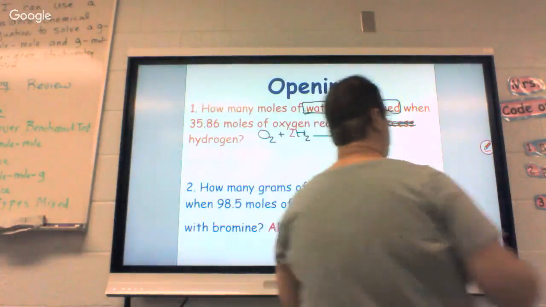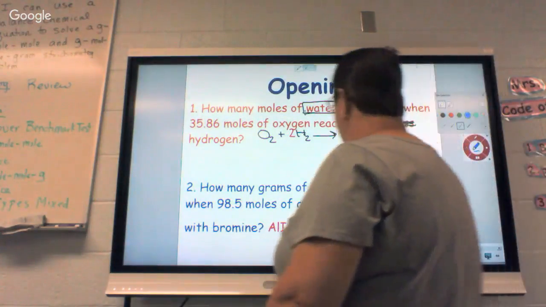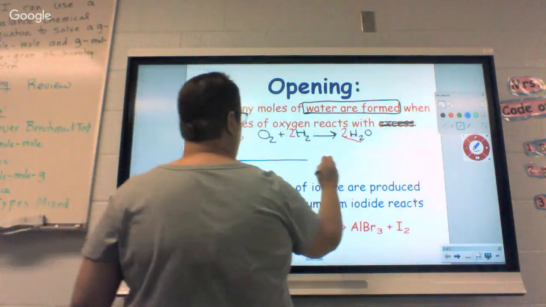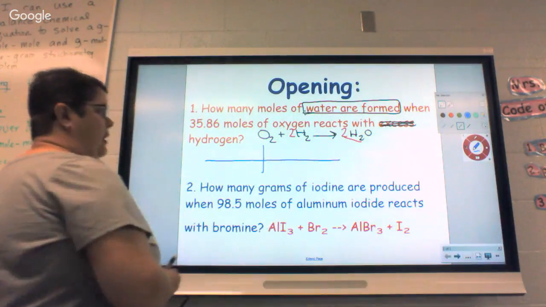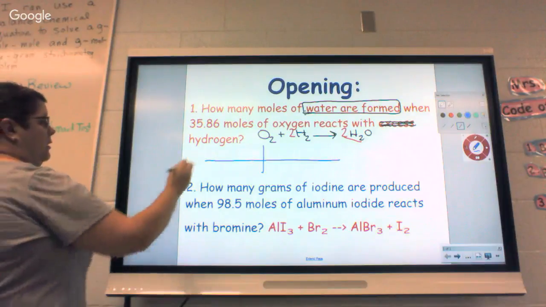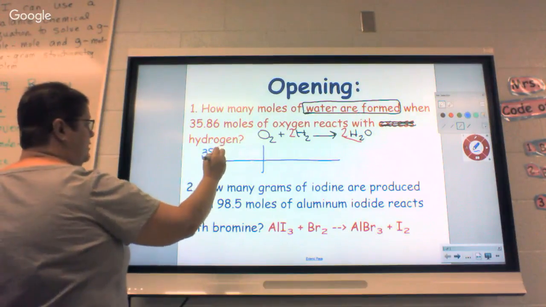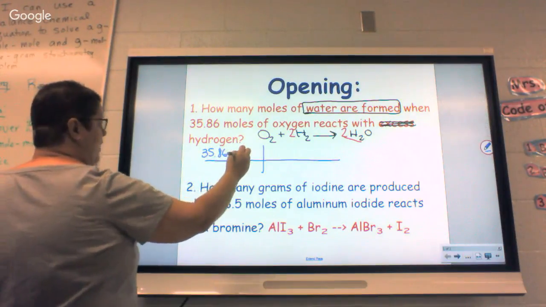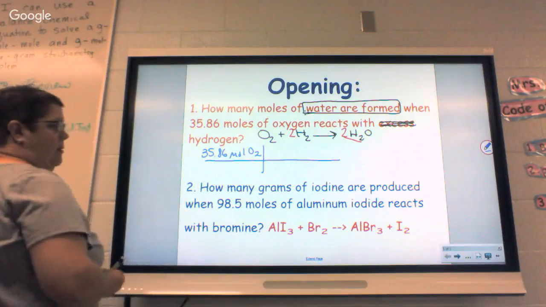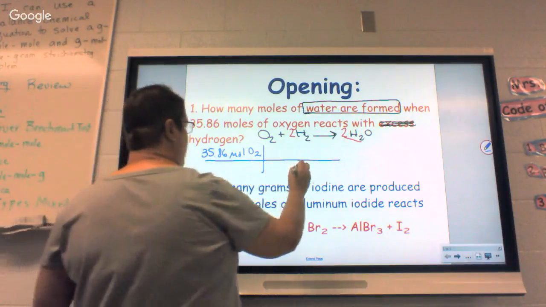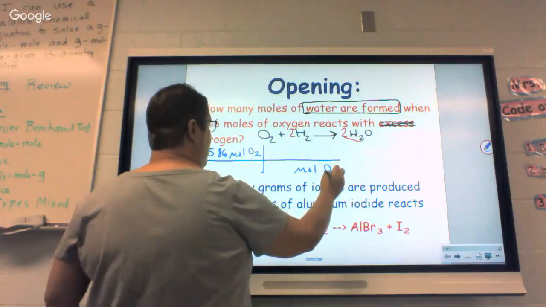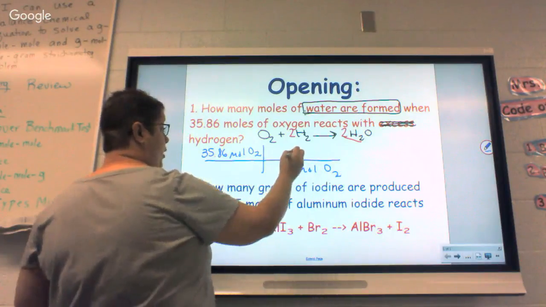All right, so drawing our chart that we talked about yesterday. What's our starting data? Find your number. 35.86 moles of oxygen. So what goes on our bottom line? Moles of oxygen. Are we changing compounds? So we put what unit on the top?